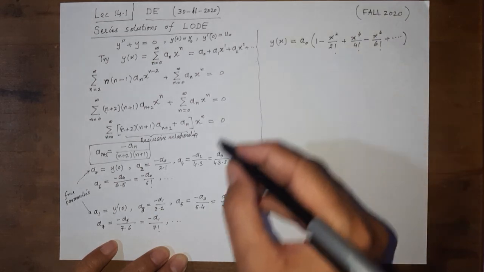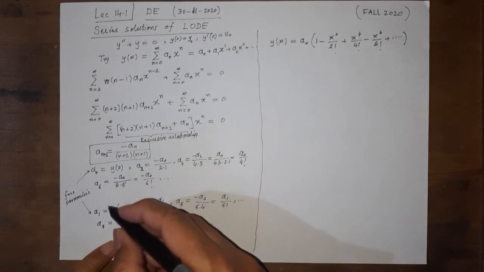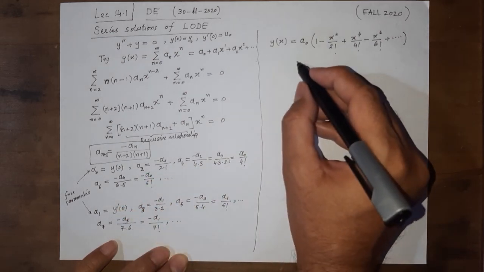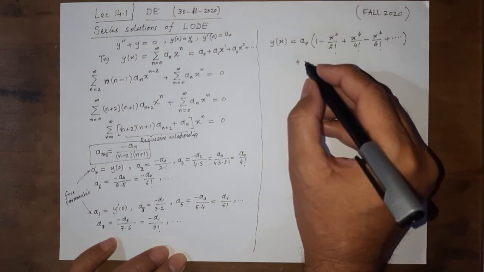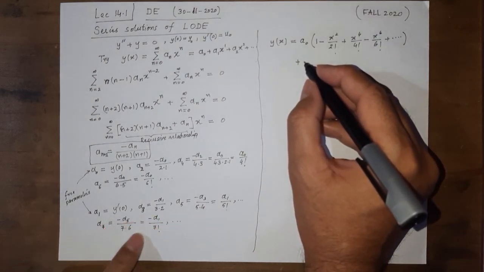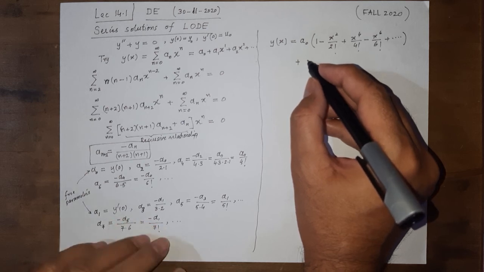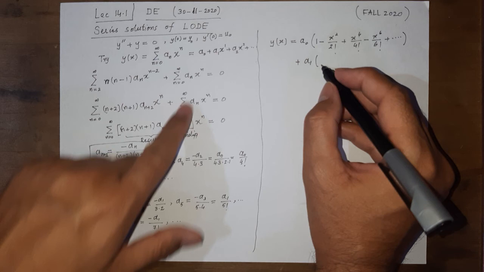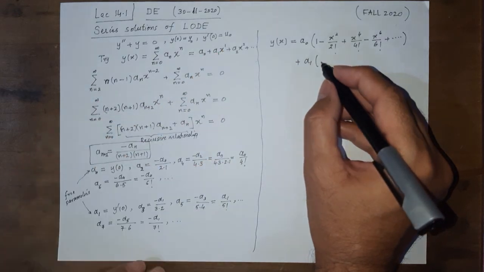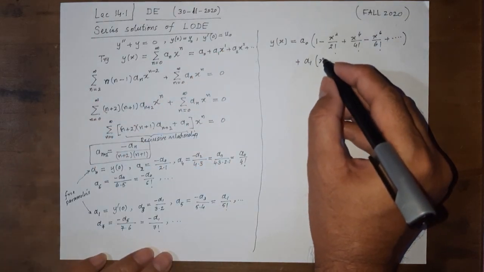So we get a series here of these coefficients, and then another series, plus a1. a1 would be common in all because all the coefficients are defined in terms of a1. The first coefficient a1 would have the x in it, so the first term would be x.